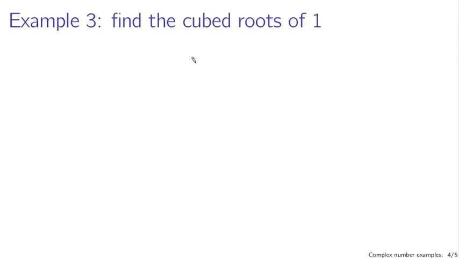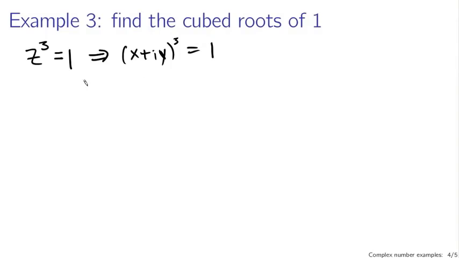As a slightly more involved example, consider finding the cubed roots of 1. Now, you know 1 cubed is 1. That's a good place to start. We'll see that fall out of the algebra pretty quickly. What we're trying to do is solve the equation z cubed equals 1, which you can think of as x plus iy, where x and y are real numbers, cubed, equals 1.